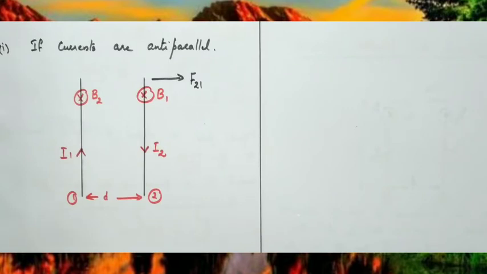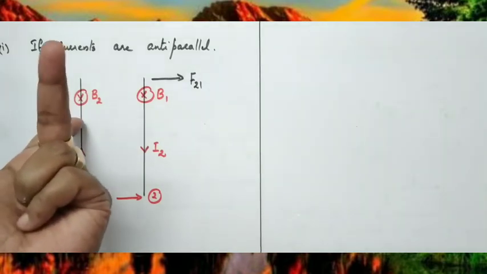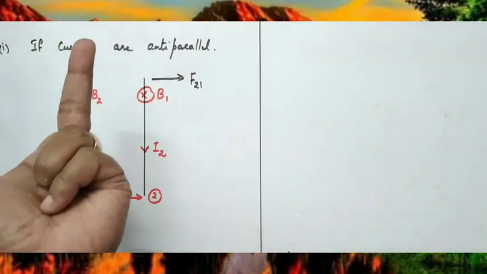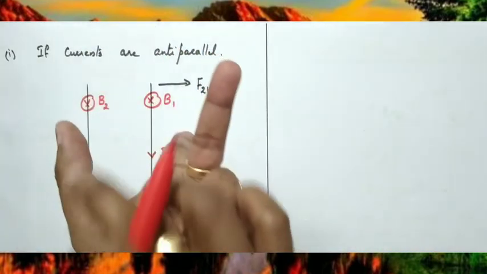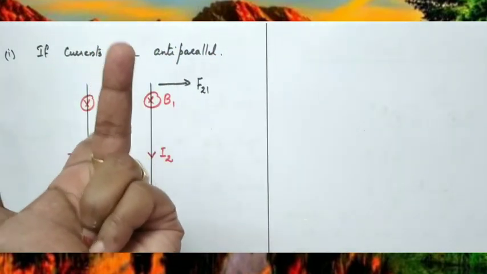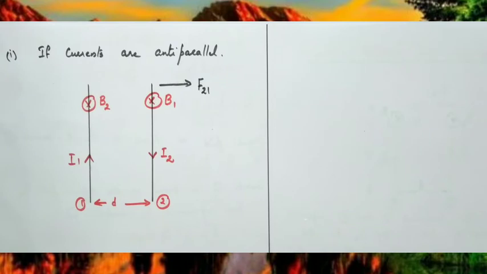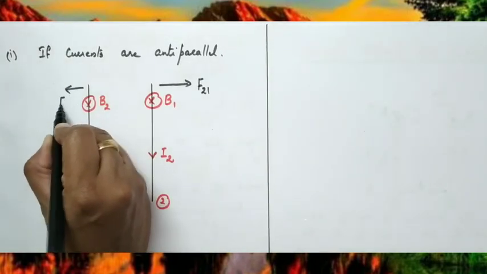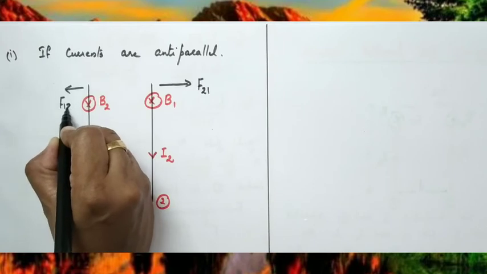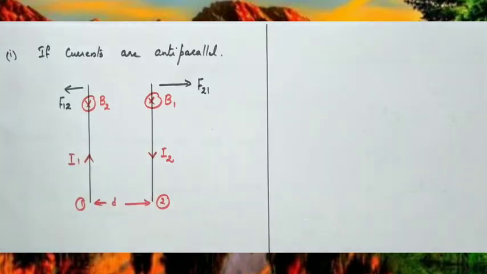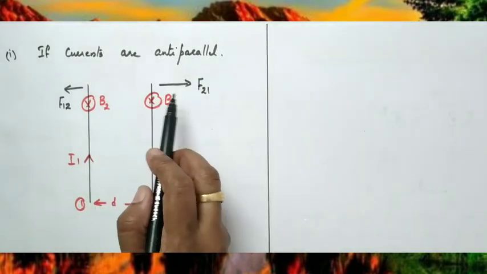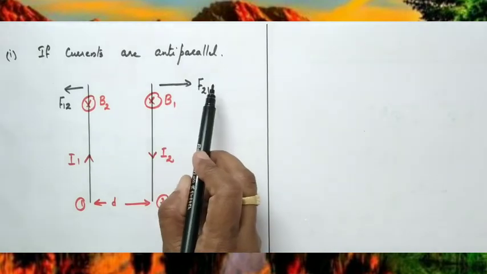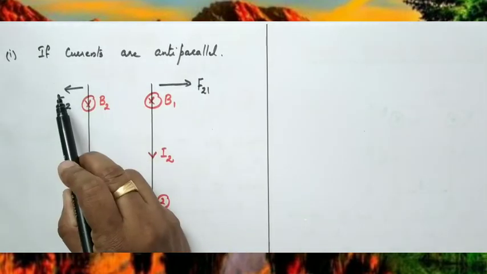The direction of force: magnetic field is into the plane, current is in the upward direction, so the thumb is towards left. So the direction of force acting on the first conductor due to the magnetic field B2, F12, is towards left. Formula and other derivations are same as the first one, but see the direction of force: F21 is towards right, F12 is towards left.